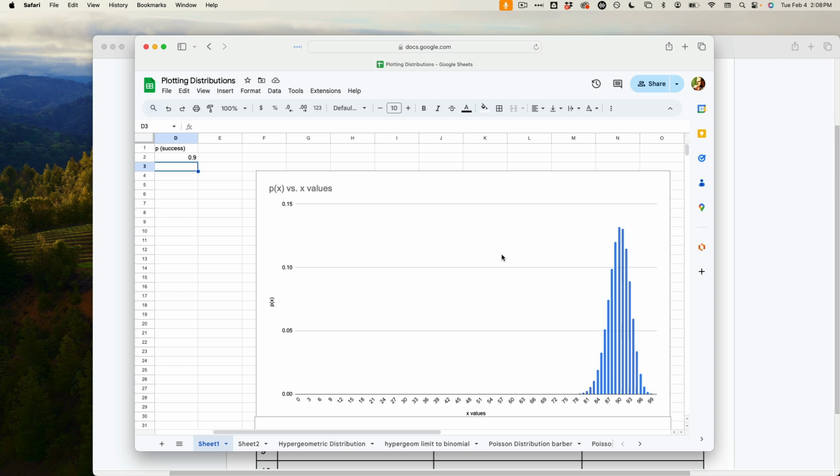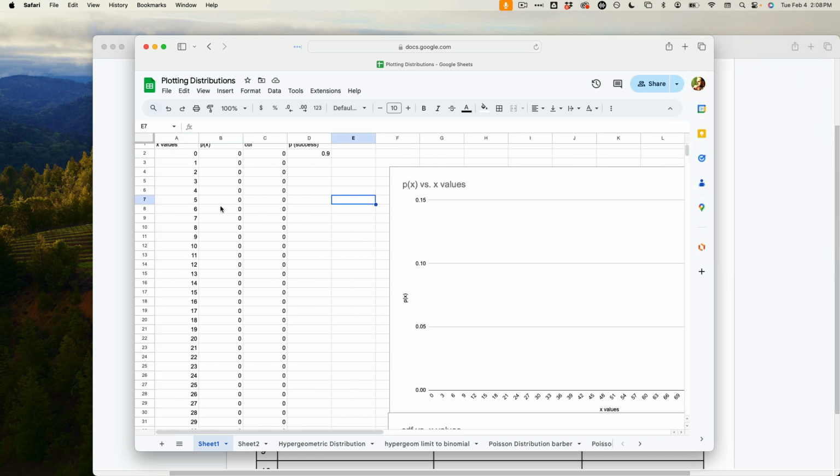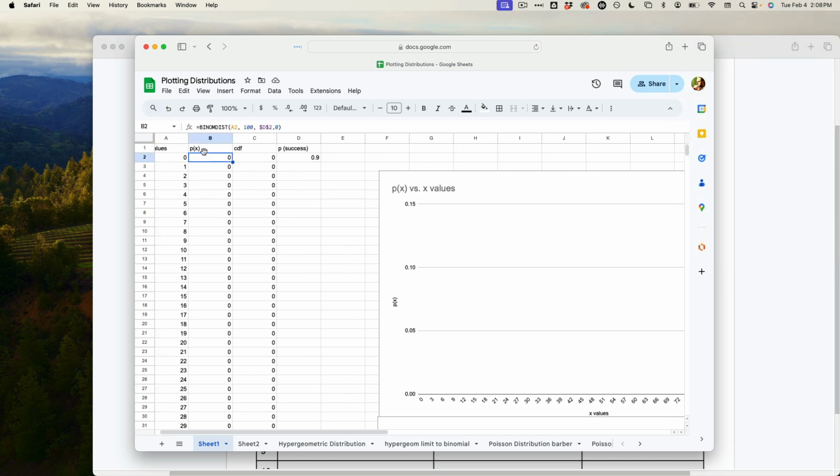Let's do some examples. And if you remember the way we did it here in Google Sheets, we plotted the whole thing. If you remember, we put binom distribution, and we applied it to the x value. We gave it the number of trials, and we gave it the probability of success. And then that last entry, we put 0 for now before we talk about cumulative distribution.